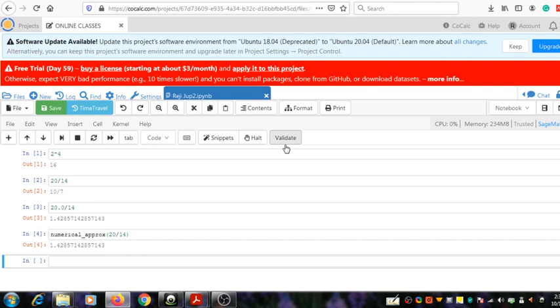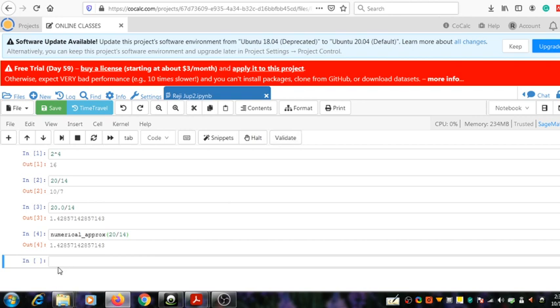So after some time, if you want to resume, you have to reopen it. That means you have to click that button to open the project.